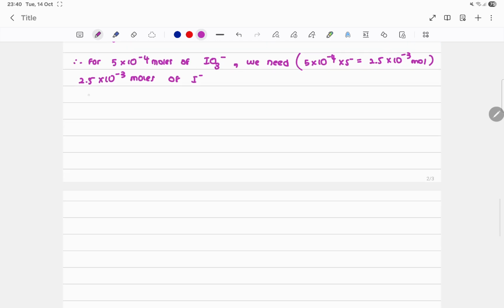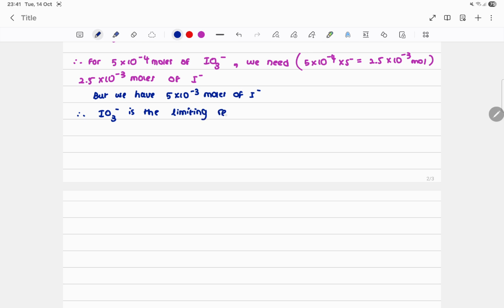But we have 5 times 10 power minus 3 moles of I minus. Therefore, IO3 minus is the limiting reagent.